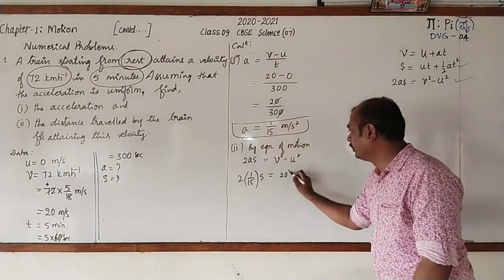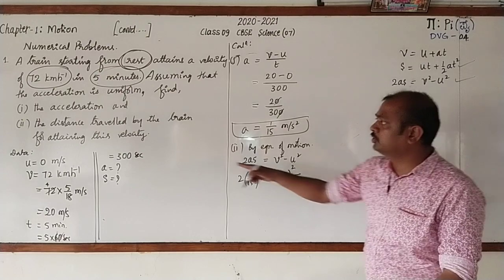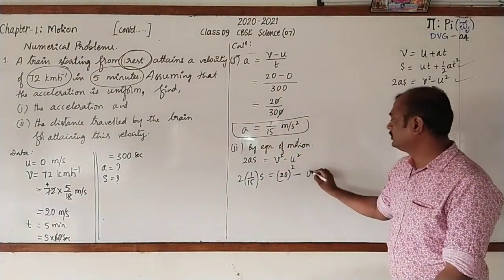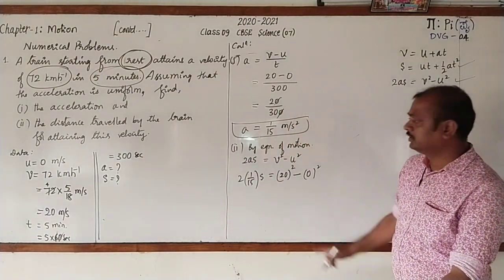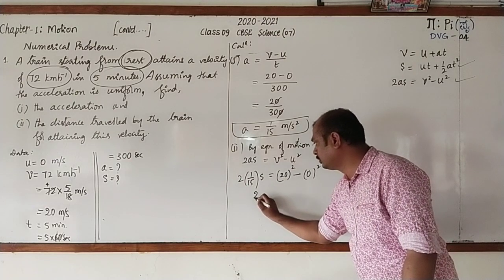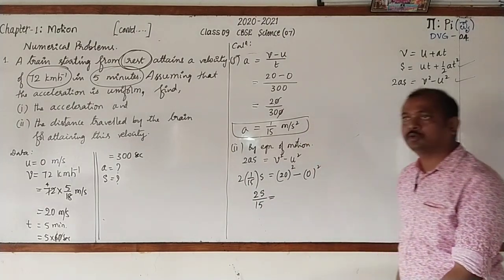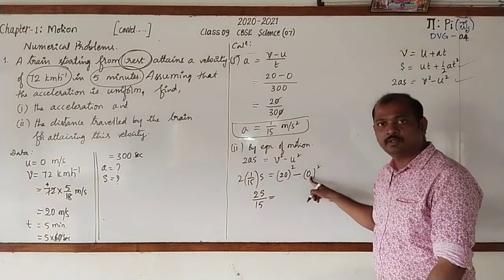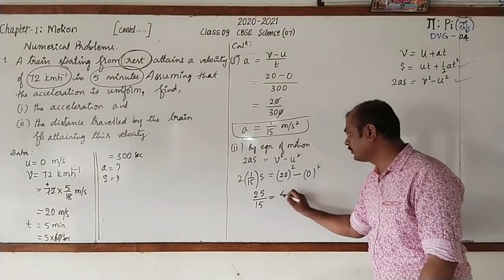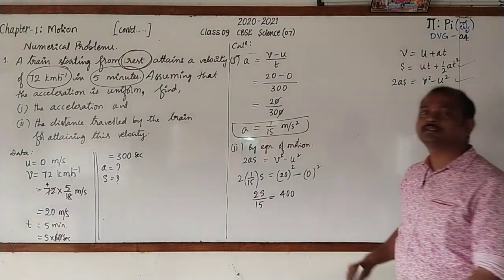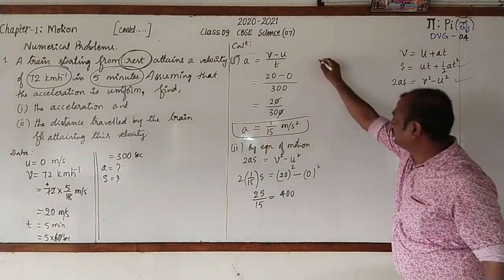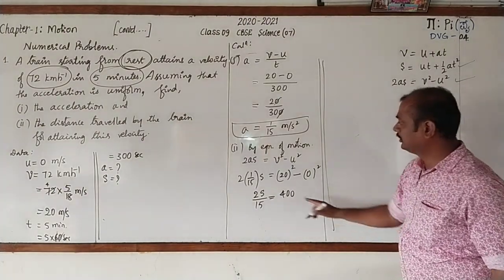Alright, 20 whole square minus u is 0, 0 whole square. This can be written as 2s by 15. It is equal to, what is 0 square? 0. 20 square? 400. 400 minus 0? 400 only. Now, here I am writing.